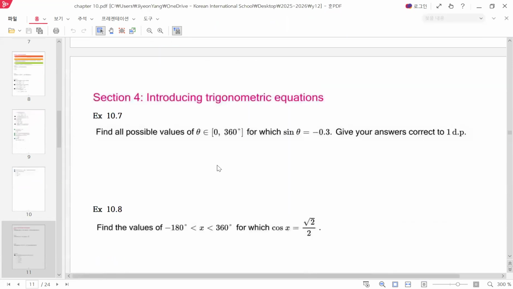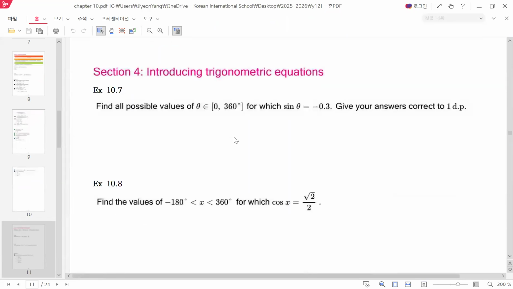Okay, let's solve trigonometric equations. Let's bring back our memory. Sine, cosine, tangent of theta.